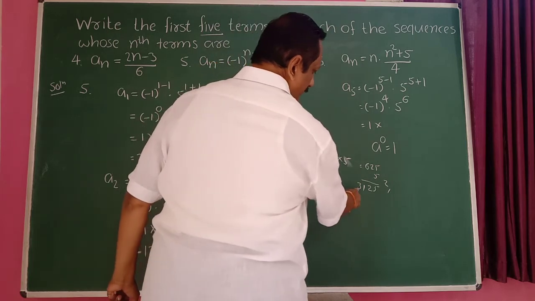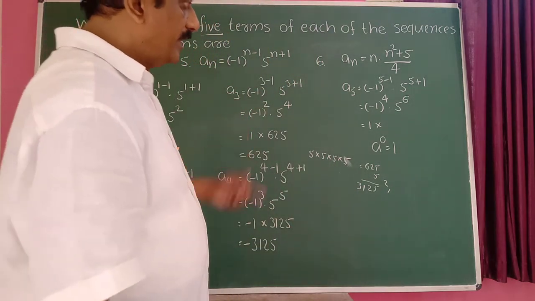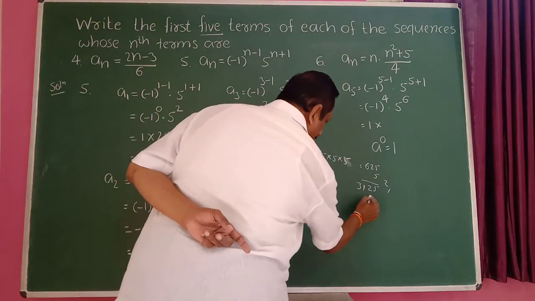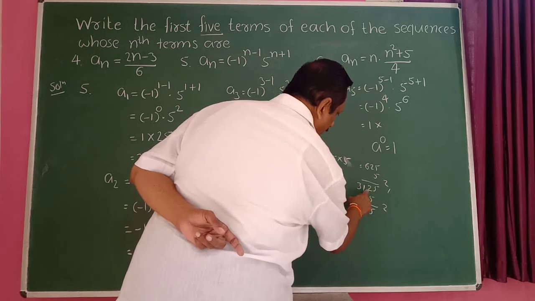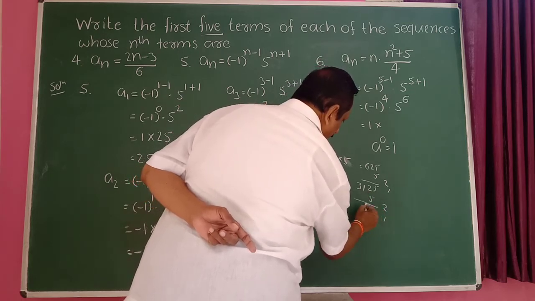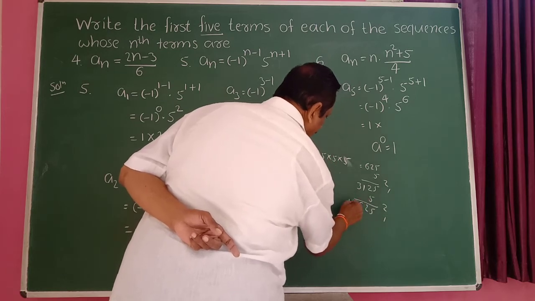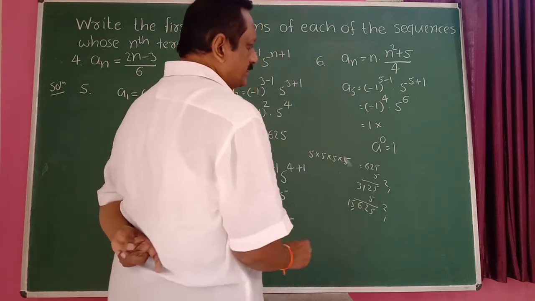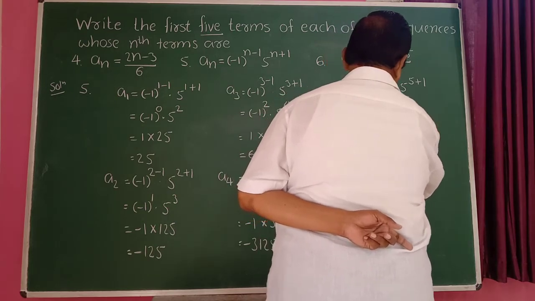So 5 raised to 5 is this one here, 5 raised to 5 is 3125. 5 raised to 6 means multiply by 5 here. 5 5s are 25, then 5 2s are 10 plus 2 becomes 12, 5 1s are 5 plus 1 is 6, 5 3s are 15. So 15,625.